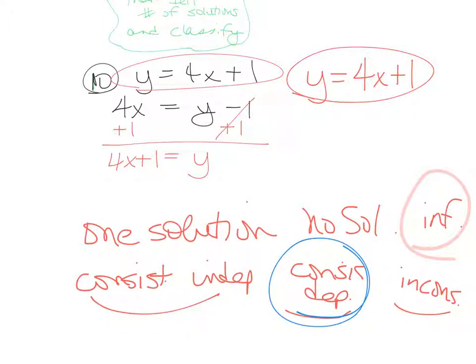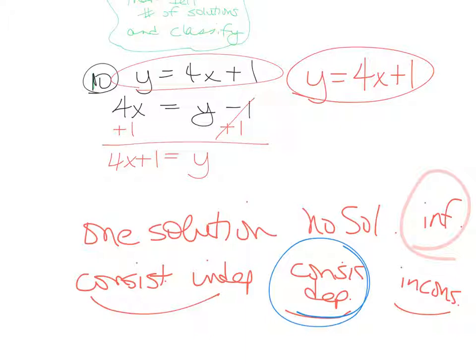The majority of the questions are like this. So if you have not memorized when it occurs that it's one solution, when it's no solution, and when it's infinitely many, you're going to get a lot wrong. Same thing with consistent independent, consistent dependent, and inconsistent.